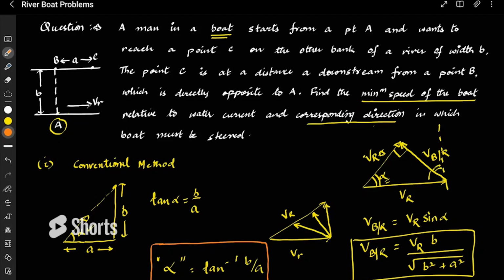So we have to keep in mind, if minimum speed is asked, then we have to look at the vectors and see if it is making any sense, what is given in the question, and how to approach that question. That's all we have to keep looking at while preparing for very high level Olympiad physics or very high level advanced physics.